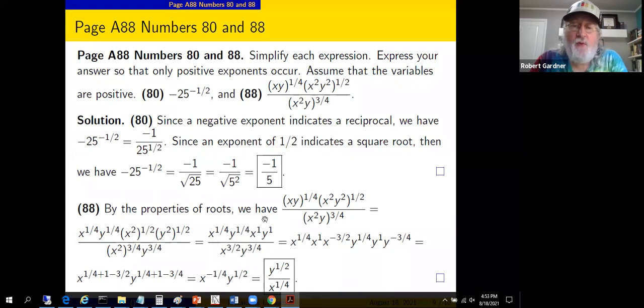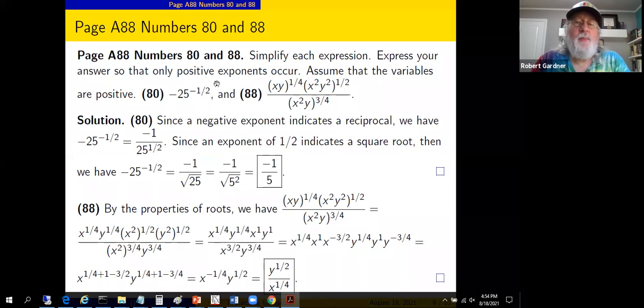We had a y to the 1/4, a y to the 1, and there's the denominator term. Now it's a matter of adding exponents. So we'll have x to the 1/4 plus 1 minus 3/2, y to the 1/4 plus 1 minus 3/4. Do the arithmetic, and that produces x to the -1/4, y to the 1/2.